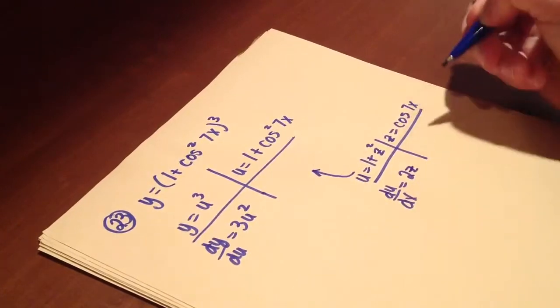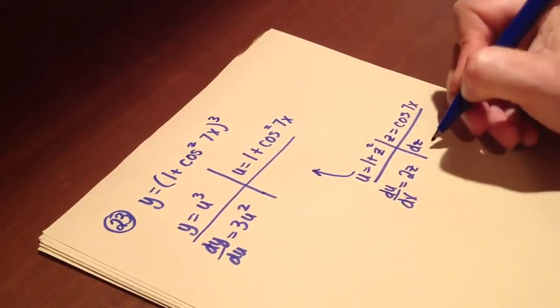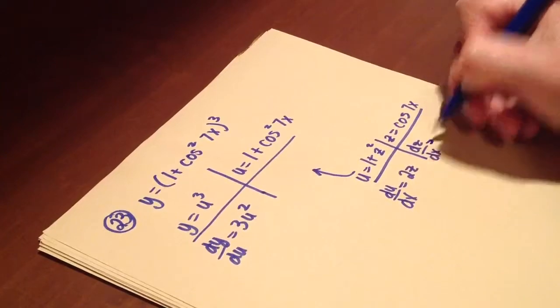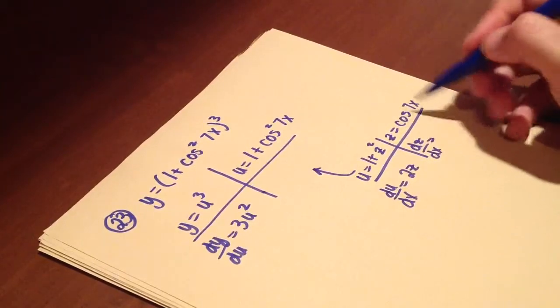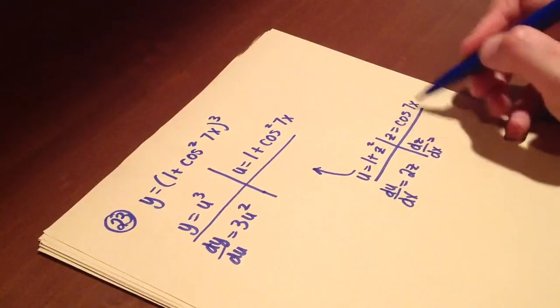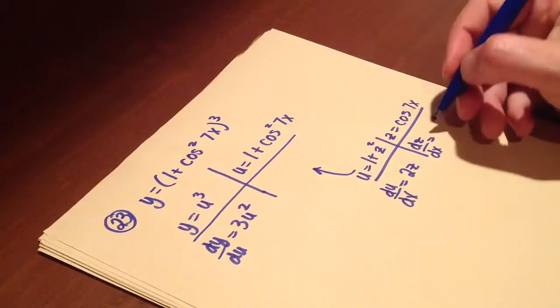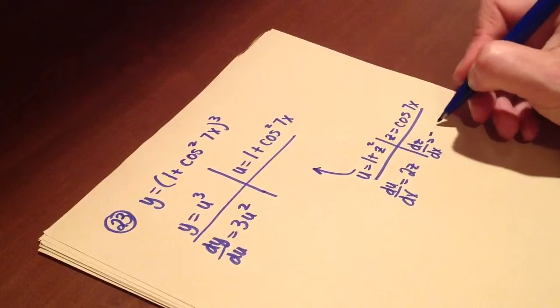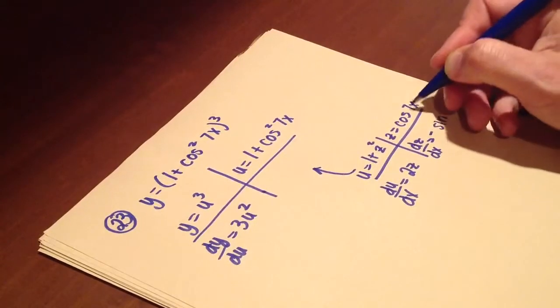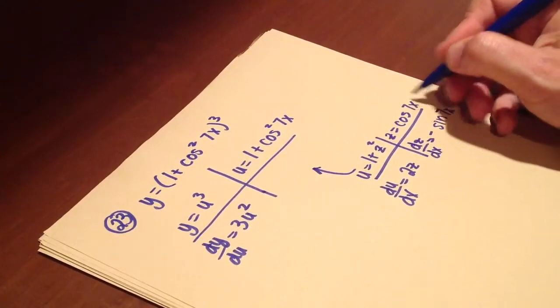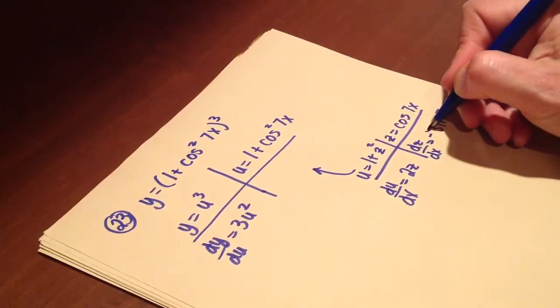2z. And then I'm going to say that dz dx is, okay, so this could be a chain rule within a chain rule, but it's safe to do this all in one step. So if I take the derivative of cosine, that's going to give me negative sine of 7x. But I know I need to take the derivative of the inside, so that's going to give me 7.